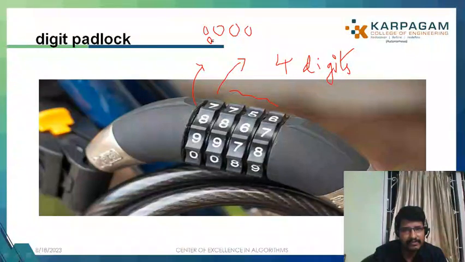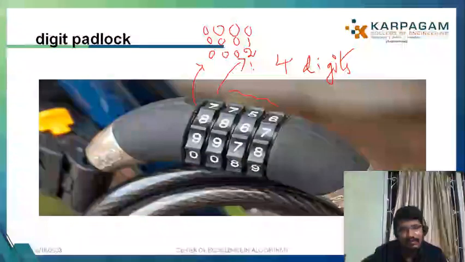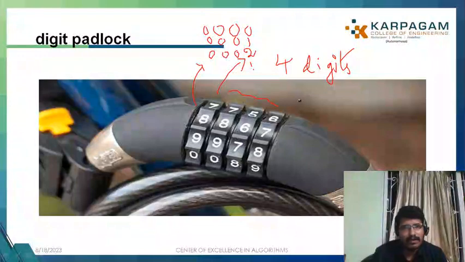Go ahead with the next possibility, 0, 0, 0, 1, and then the next one, and so on. It goes along until you explore all the possibilities, or until a point where you get the answer.